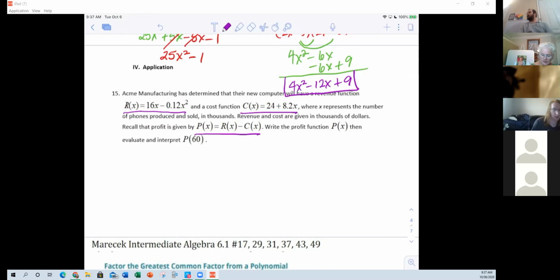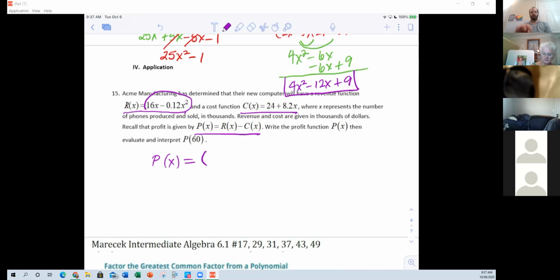Elliot, can you tell me what R of x minus C of x is going to look like? Just using substitution, just substitute the function for R of x and the function for C of x. Okay, so R of x is what?